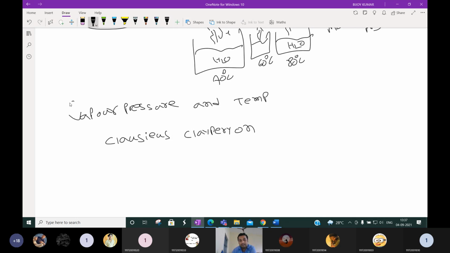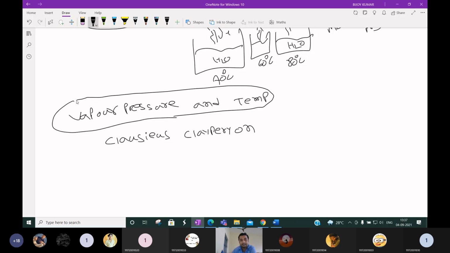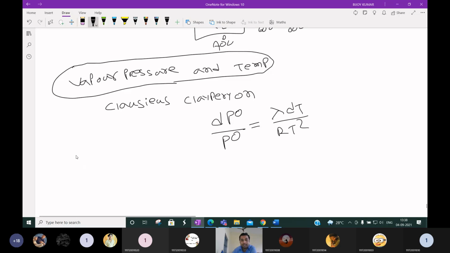He gave the relationship between the vapor pressure and temperature. What is that relation? That relation is dP0 by P0 is equal to lambda dT by RT square, where P0 is the vapor pressure.